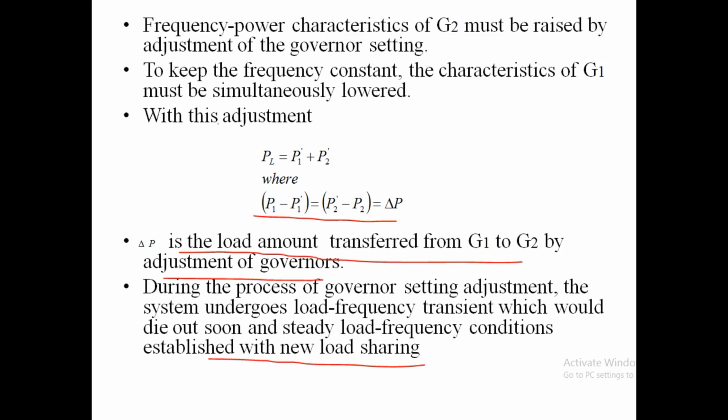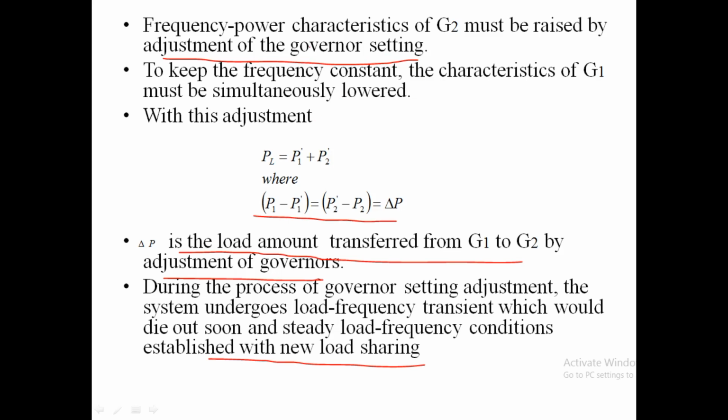How are we doing these things? This is done by the adjustment of the governor settings, so that from the governor settings we can adjust the steam input. Whenever something is dealing with the active power, we are always making changes in the steam input.